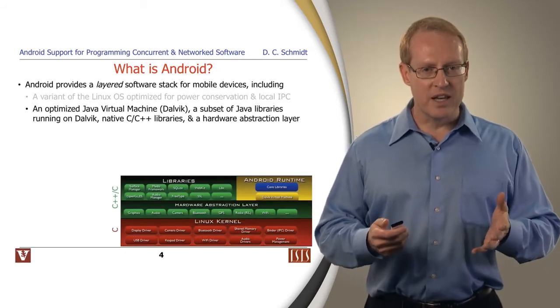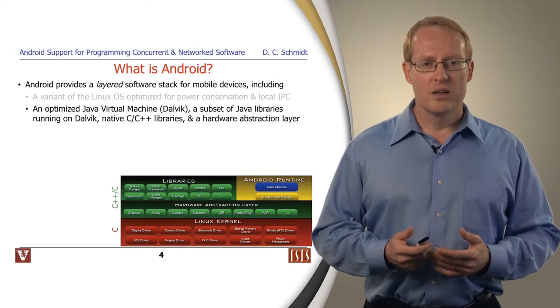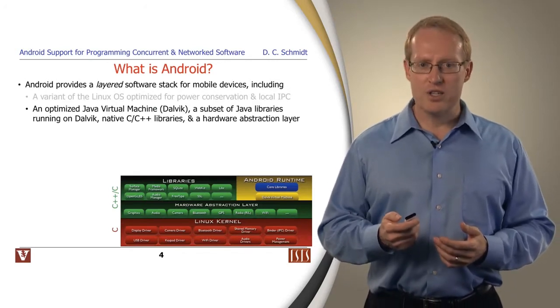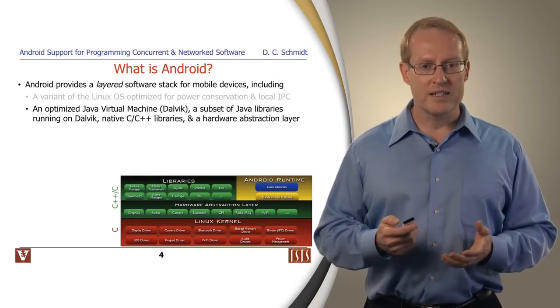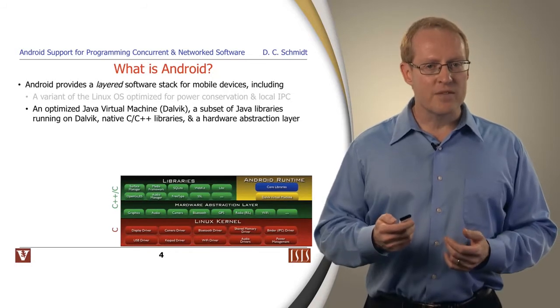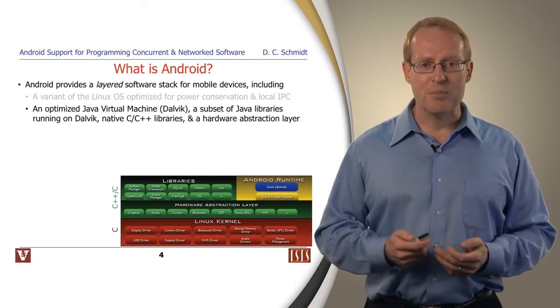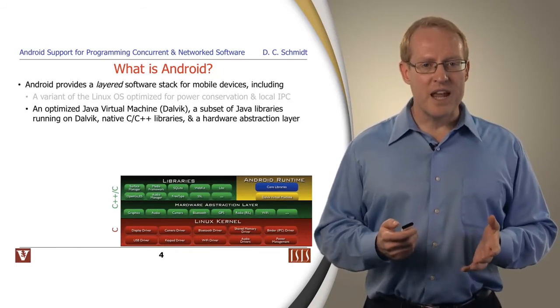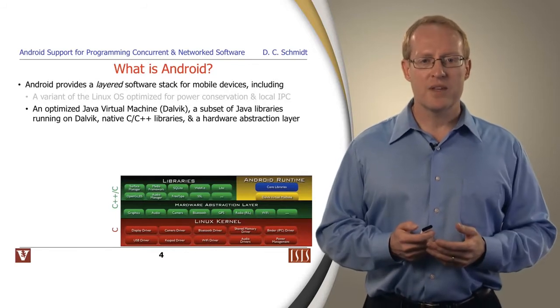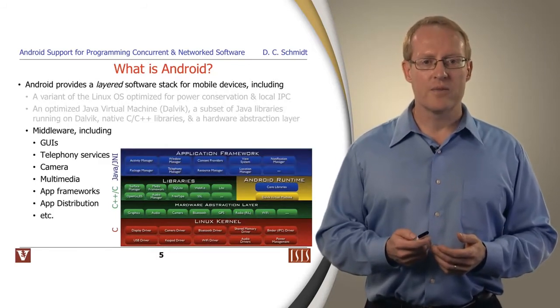On top of the Linux foundations, then comes an optimized Java virtual machine called Dalvik, a subset of Java libraries that run on top of Dalvik, a set of native C and C++ libraries, and a hardware abstraction layer.